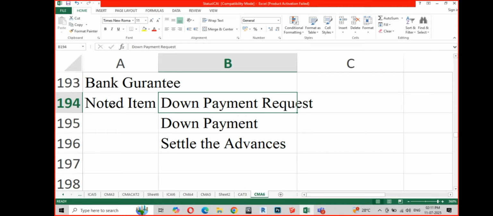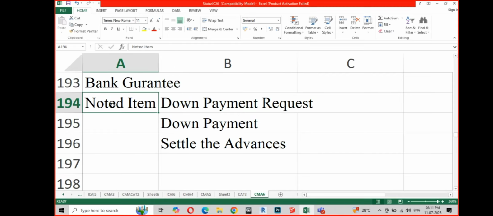Why? Because till now the transaction has not happened. The customer or you have not made any payment. You have not paid any money. It is just a request for you to accept or make an advance payment. So it doesn't have any financial impact.